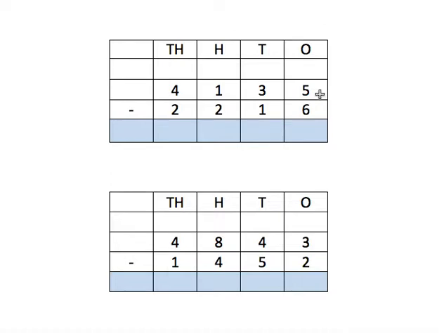No, because we can only subtract a small number from a big number. For example, I can subtract 1 from 3, but I cannot subtract 6 from 5 because 6 is bigger than 5. So we can't subtract a big number from a small number. So what do we do?